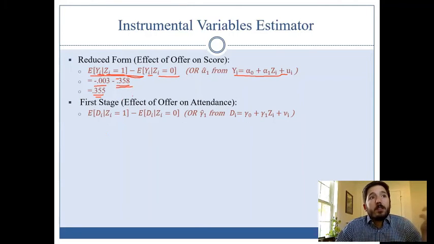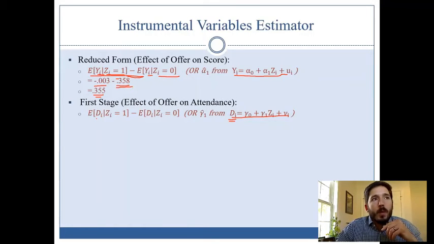The first stage effect, right, that effect of the offer on attendance, we can think about it in the same way. We can think about it with this regression here, where D_i is our dependent variable, or we can think about it in the potential outcomes expected value framework.